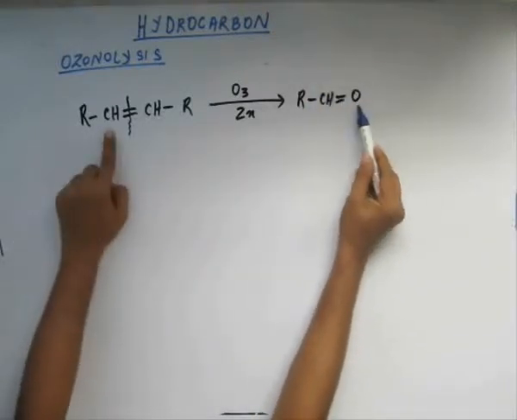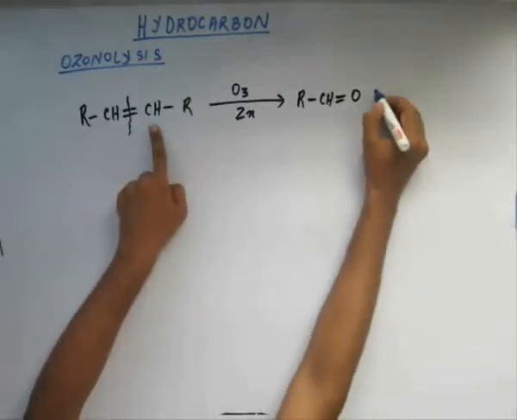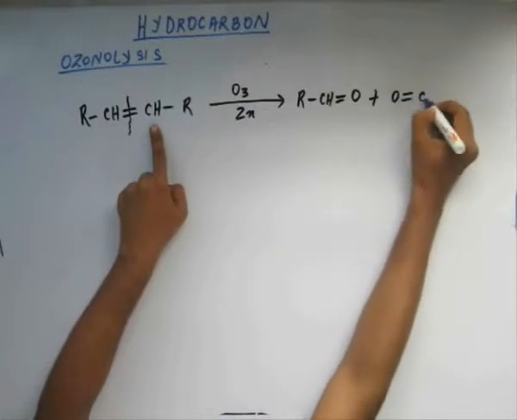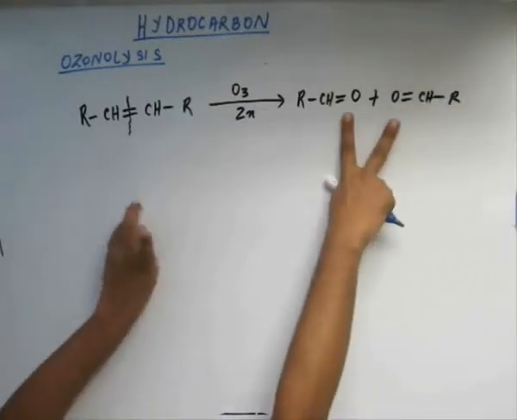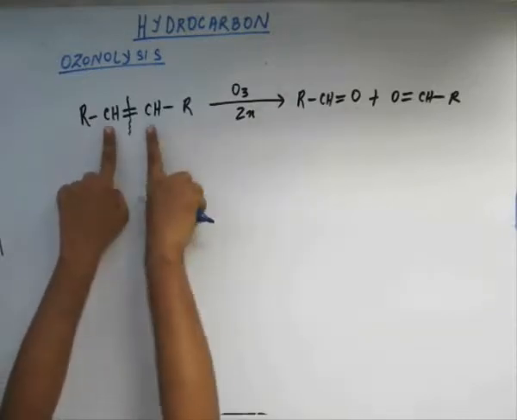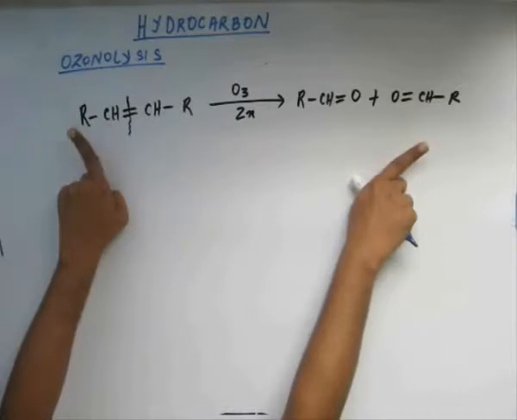This carbon is now making a carbon-oxygen double bond. This carbon will make another carbon-oxygen double bond. So here we have two oxygen. These two are coming from ozone. Both the carbons form carbon-oxygen double bonds. Rest of the bonds will remain as they are.